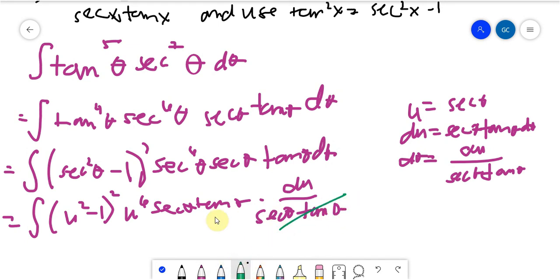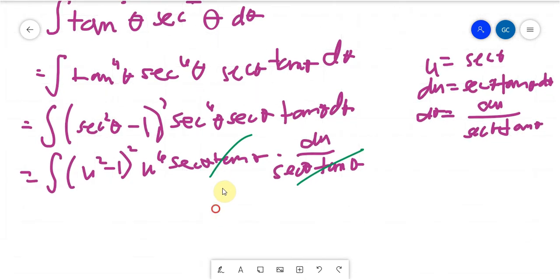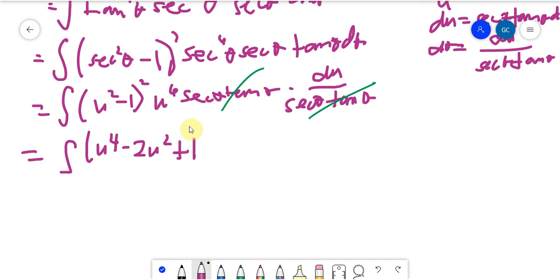So that means we'll cancel secant theta tangent theta. So we are left with that one. That means we will distribute. We will square this one first. So that means it is u to the 4th minus 2u squared plus 1, times u to the 6th du.